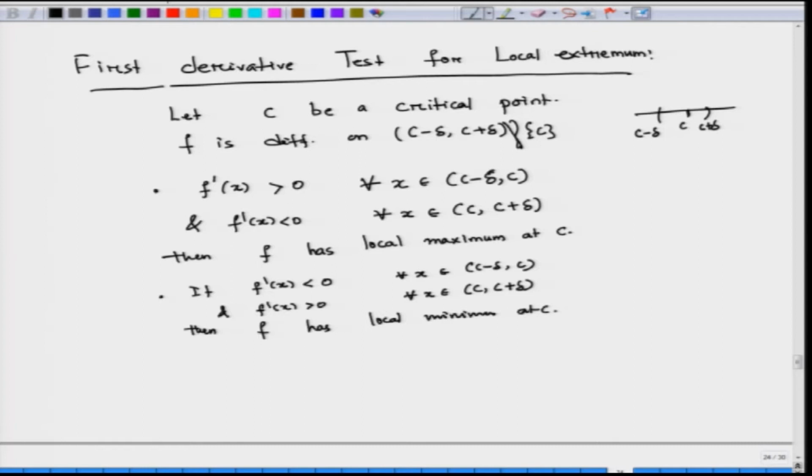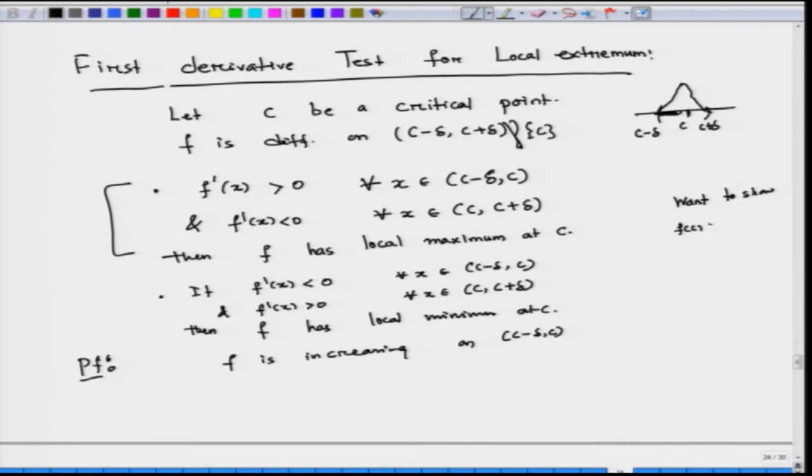So, what it is saying is that, suppose we want to prove this, then on this interval f is an increasing function, and on this interval f is a decreasing function, so intuitively this is going to have the local maximum at C. So, f is increasing on C minus delta to C. We want to show that f of C is greater or equal to f of x for x belongs to C minus delta to C plus delta.